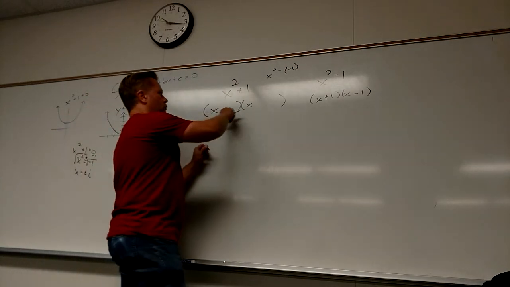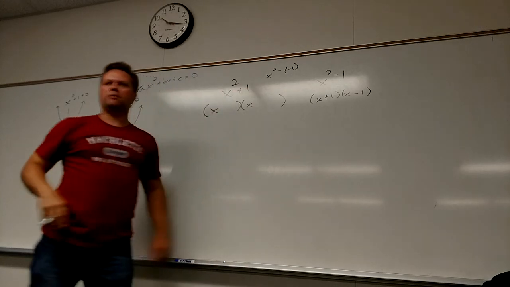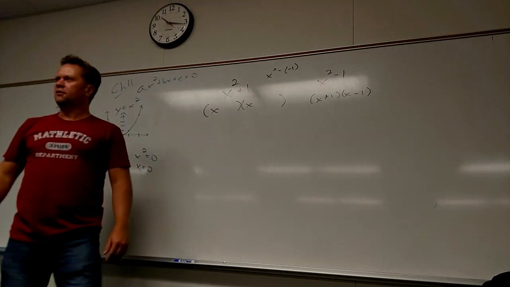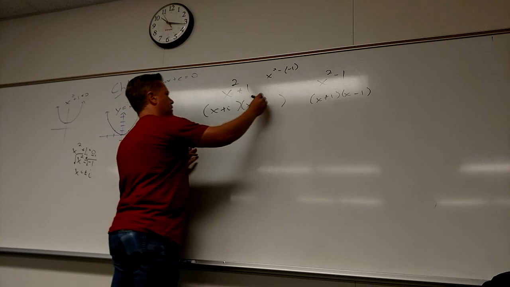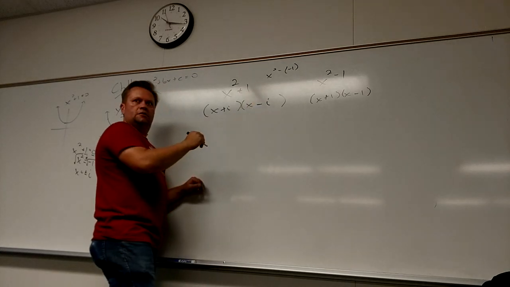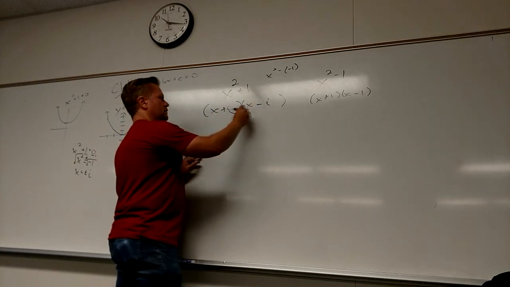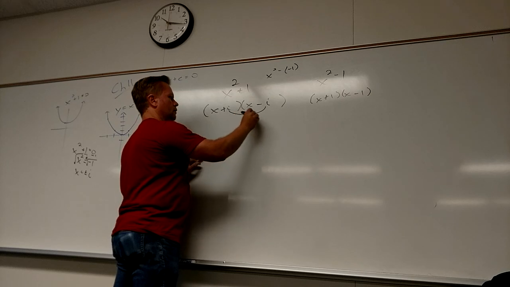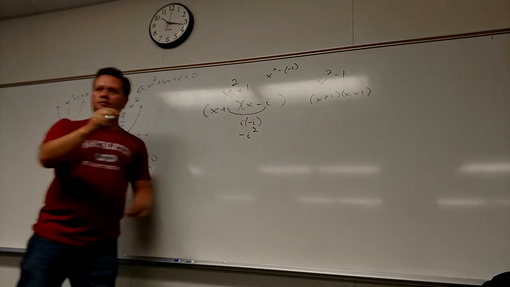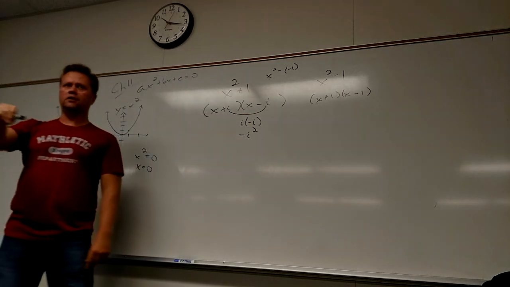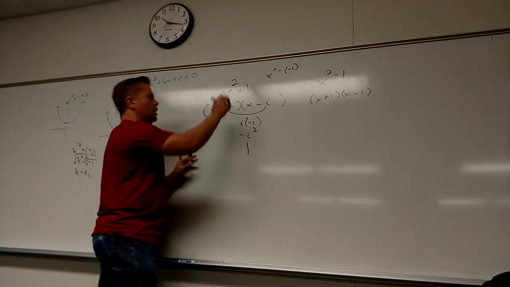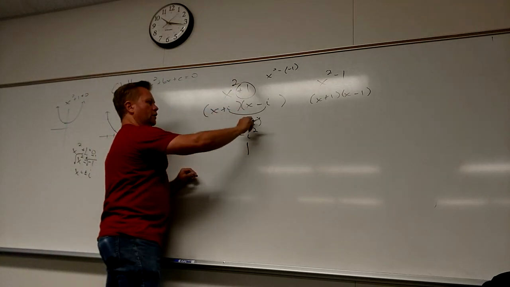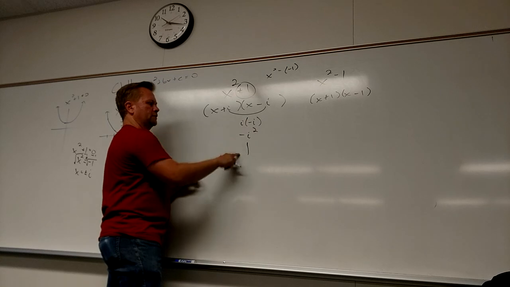But now if I put plus 1 minus 1, it's not going to multiply to be positive 1. But what if I put plus i minus i? What's i times negative i? Negative i squared. What's that? 1. Yeah, i squared is negative 1. Negative that is 1. There, we got something that when I multiply it by itself, it comes out negative.